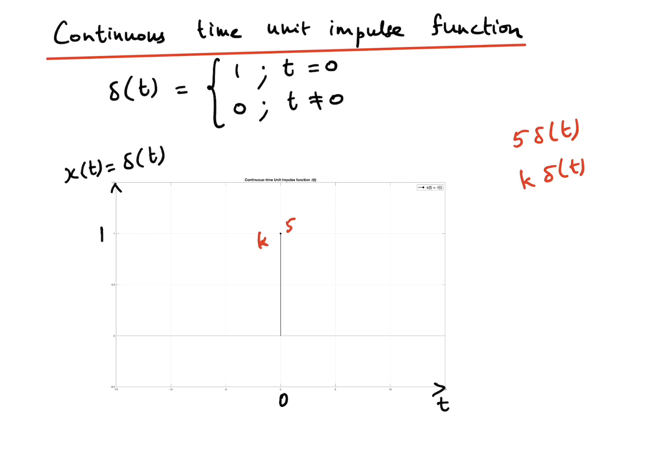In general, delta of t alone has an amplitude of 1, but if you multiply delta of t with some number, the height of that impulse at that index will take on the value of that multiplying factor, whether it's 5 or any other number k. So the impulse function can have different amplitudes, but when we say unit impulse, it means unit amplitude, that means amplitude is 1.